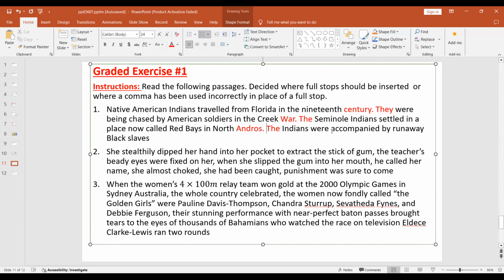The Indians were accompanied by runaway black slaves. So we have to put a full stop. That's what I did.